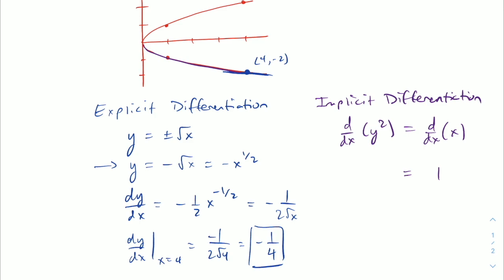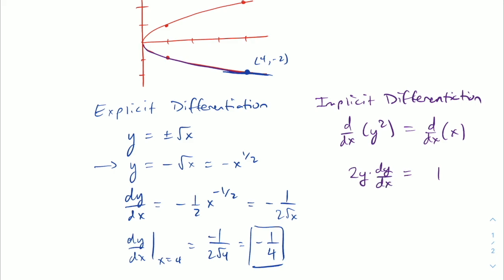The left-hand side is a little more subtle. We want to think of y as being a function of x. So when we take the derivative of y squared, this is a chain rule situation. We have y inside the square function. So when we differentiate this, we'll get 2y times the derivative of the inside, or dy/dx.